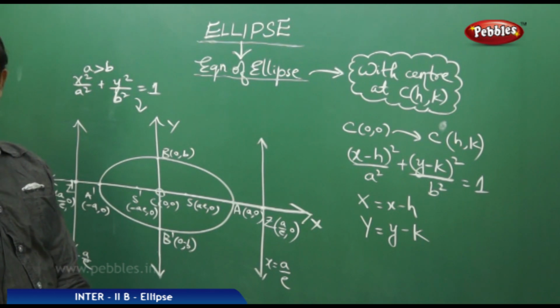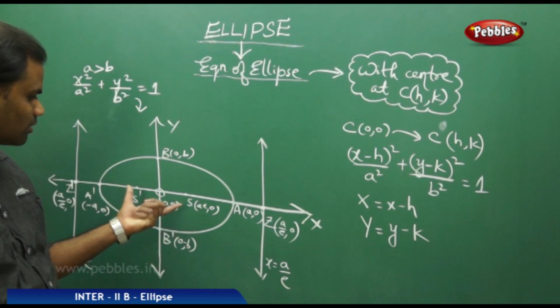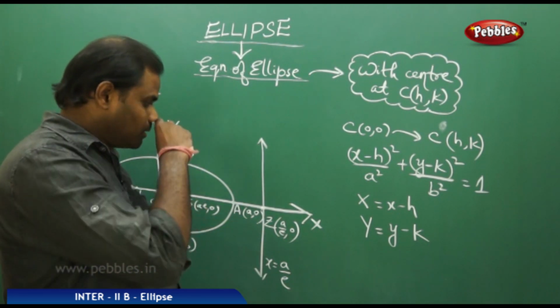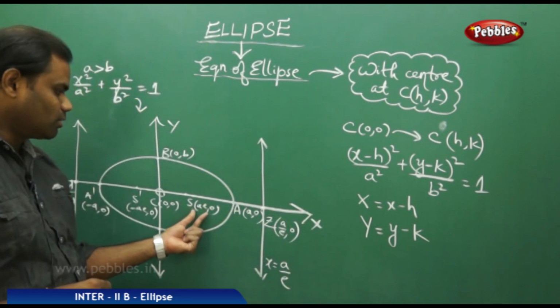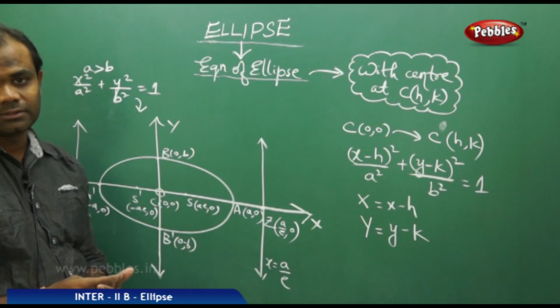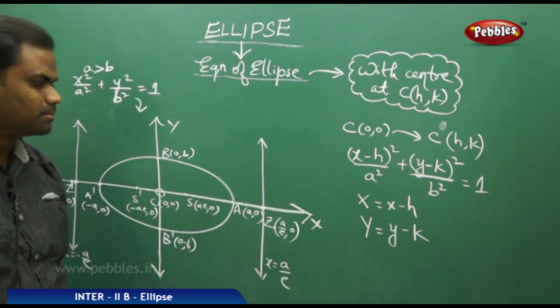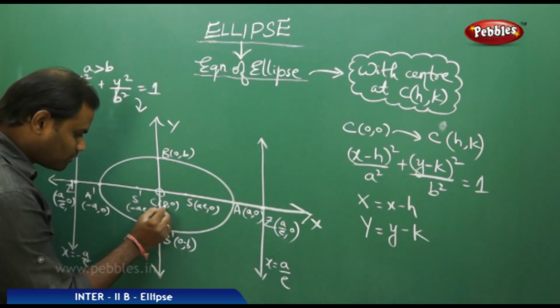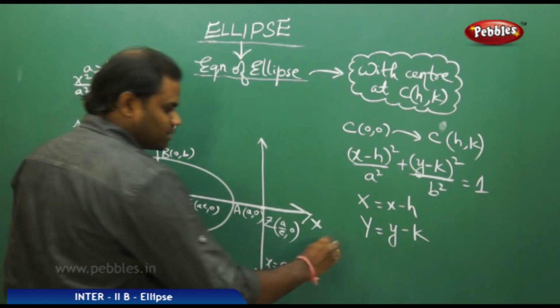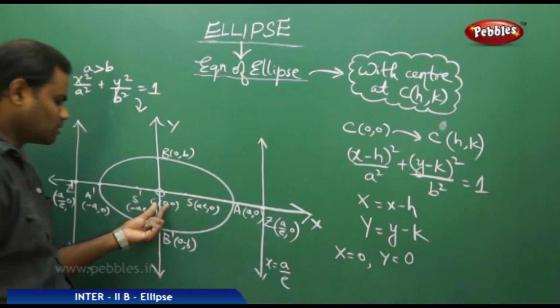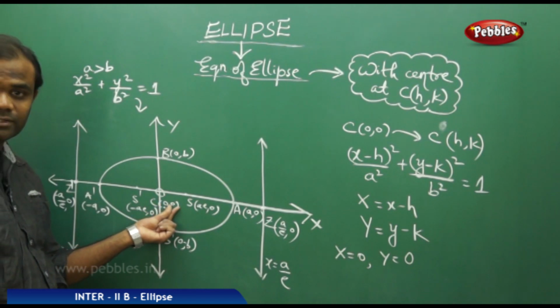So each of the new coordinates of this standard form of ellipse is obtained when I replace the x with the x coordinate and y with the y coordinate. Say for example, I want to find the new center for this ellipse. Then for the original center, x coordinate is 0 and y coordinate is 0.